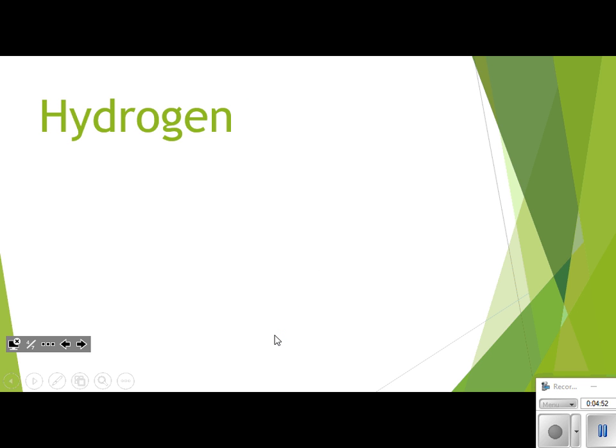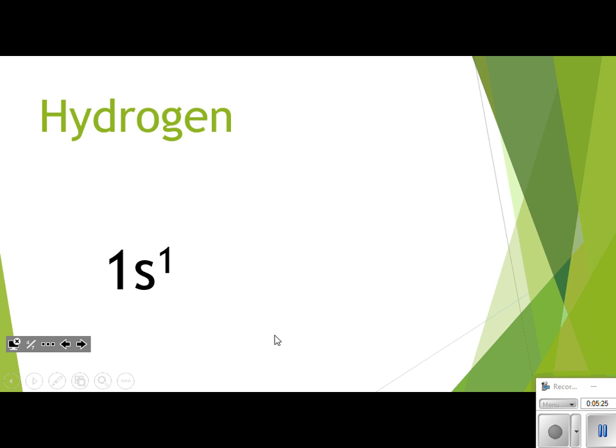Now let's look at just the very simplest of our electron dot notation, which is hydrogen. So, how do we do these dots? Well, we start off. If I am writing my electron configuration for hydrogen, I know that hydrogen is 1s1. Okay, 1s1.